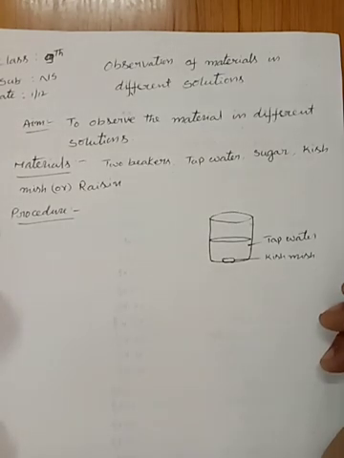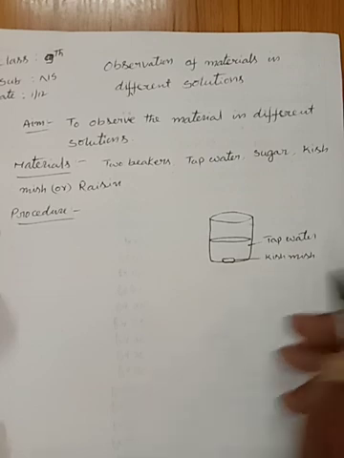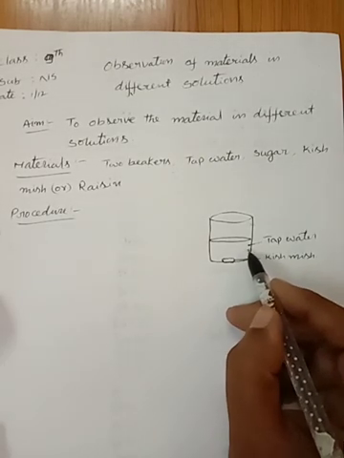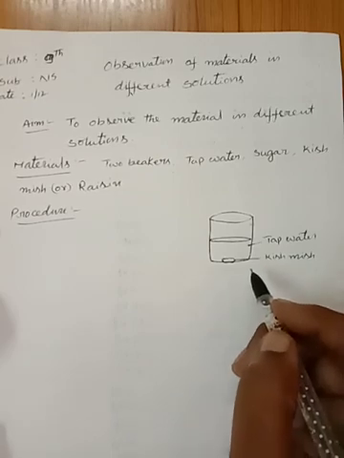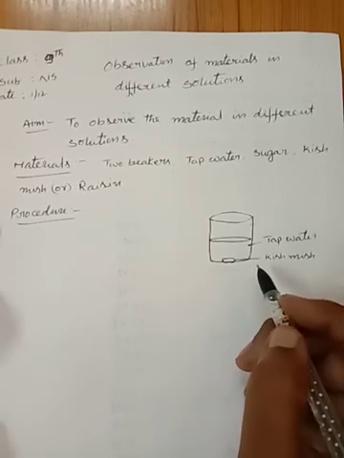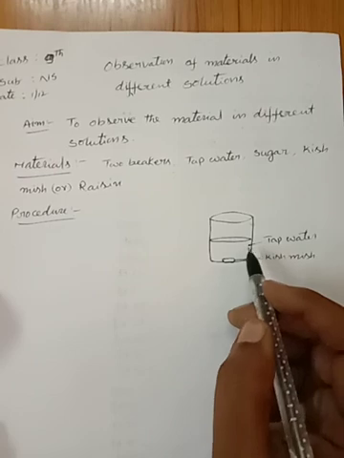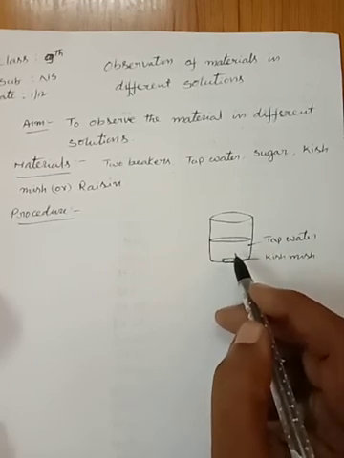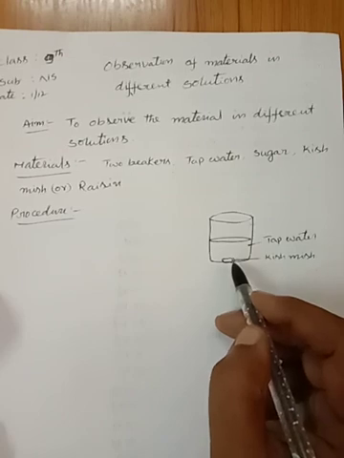Leave the kismis for 1 hour in the tap water containing beaker. Then after completion of the 1 hour, take the kismis out and compare it with the dry raisin.